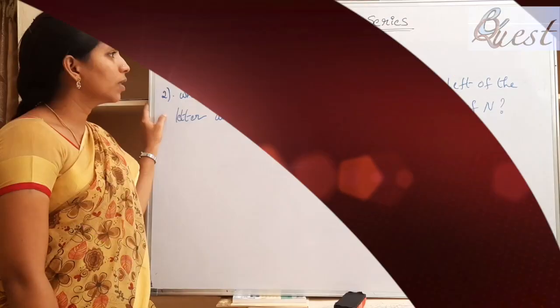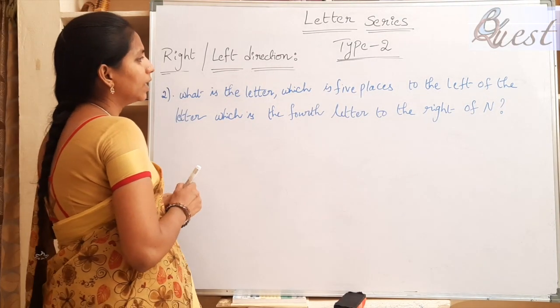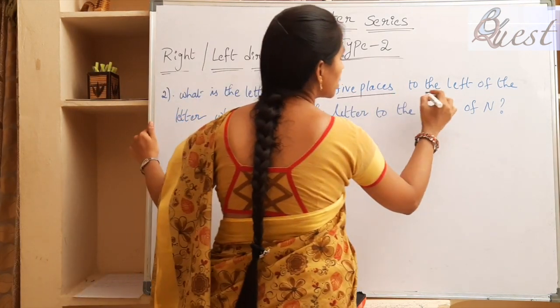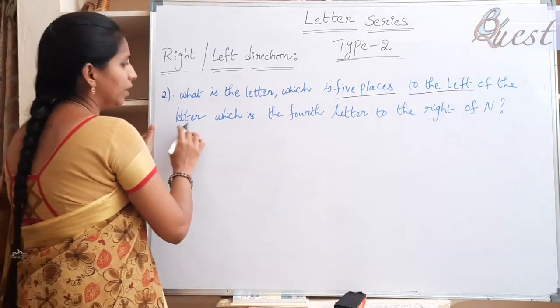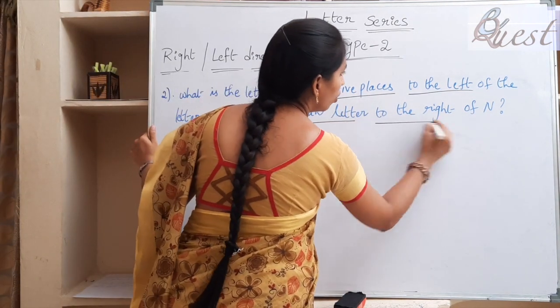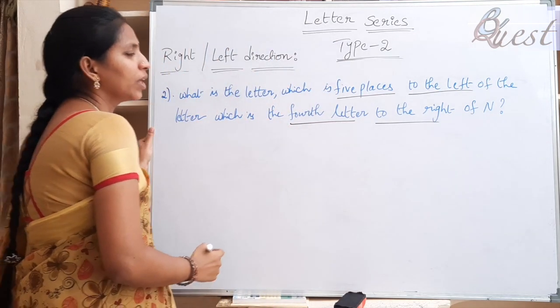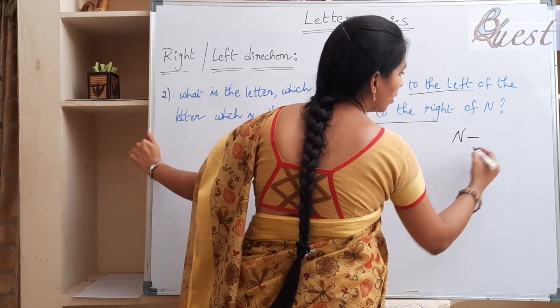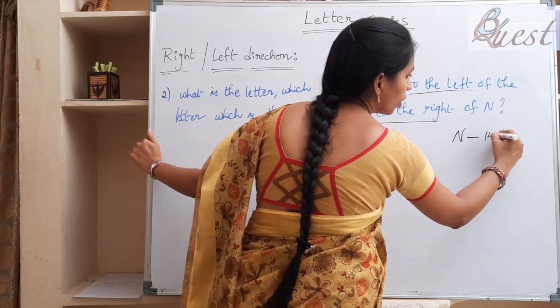Okay. See the next example. What is the letter which is 5 places to the left of the letter which is the fourth letter to the right of N? Given letter is N. What is the position of N? 14.